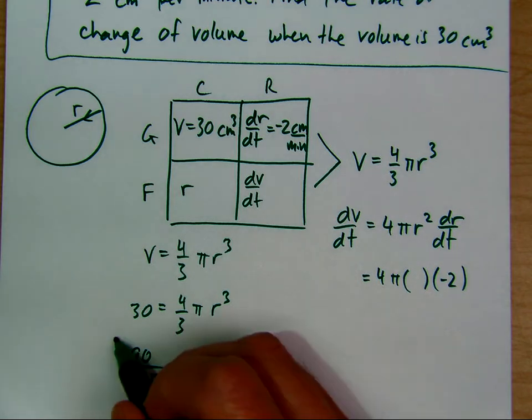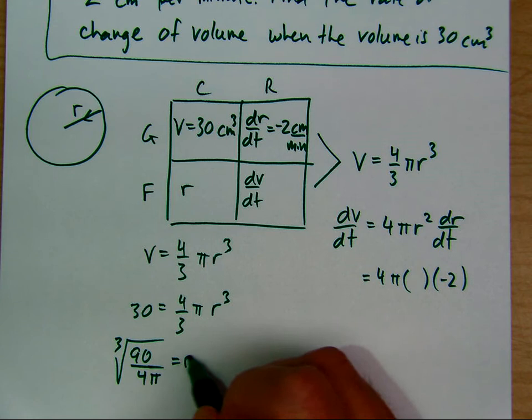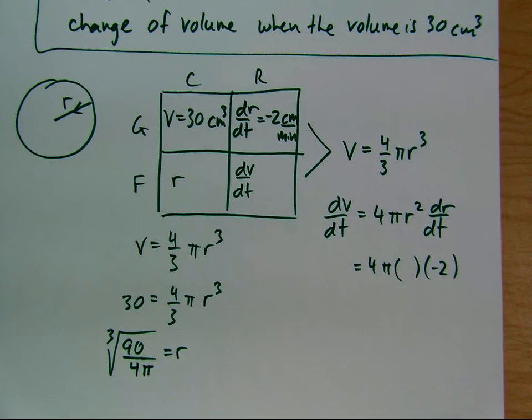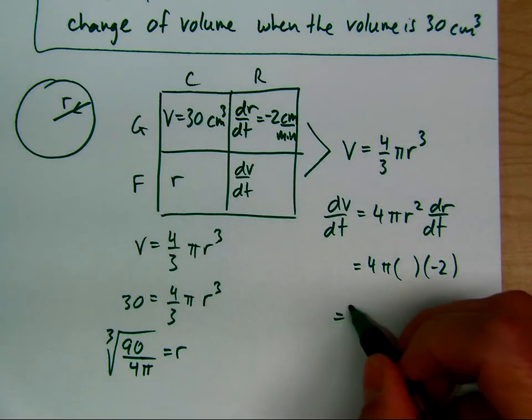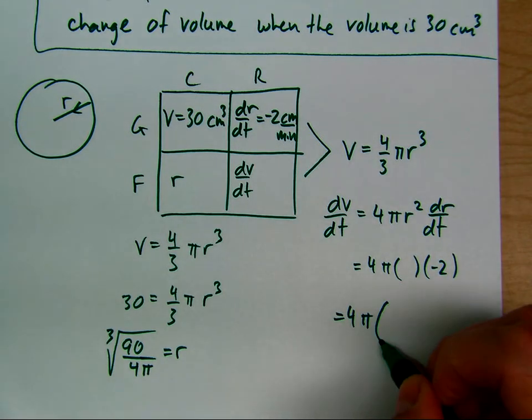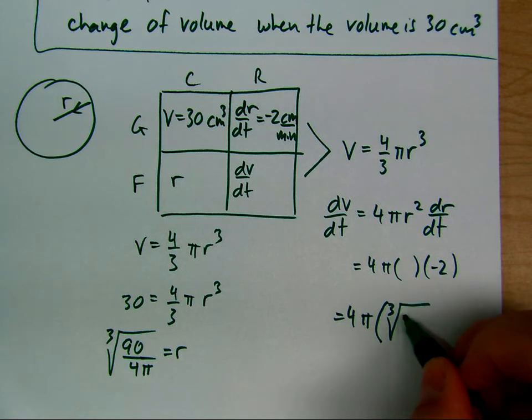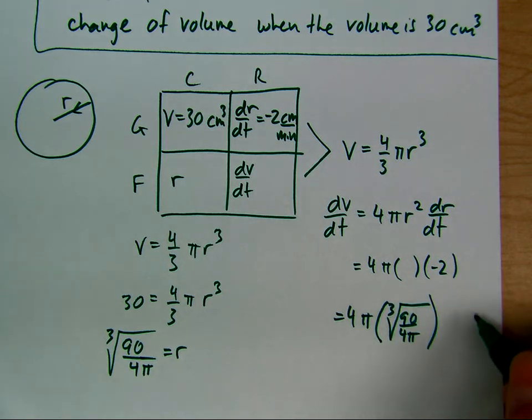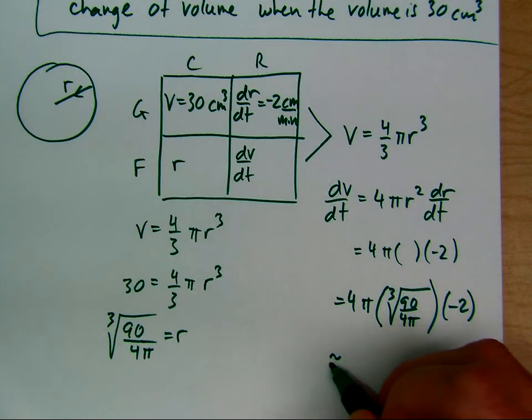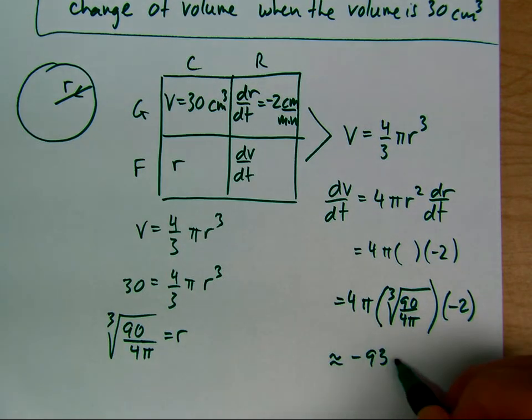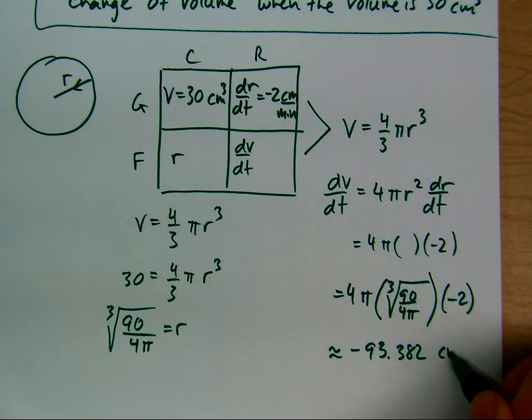And then cube root. So we have 4 pi, and that will be the cube root of 90 over 4 pi times -2, and that is approximately -93.382 cubic centimeters per minute.